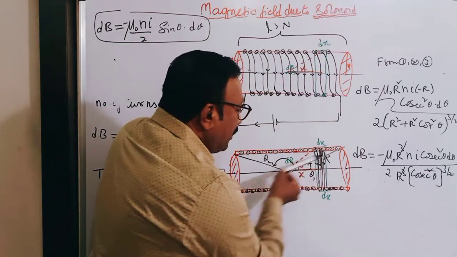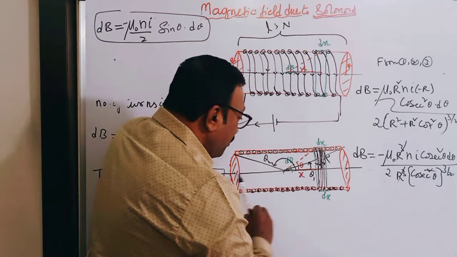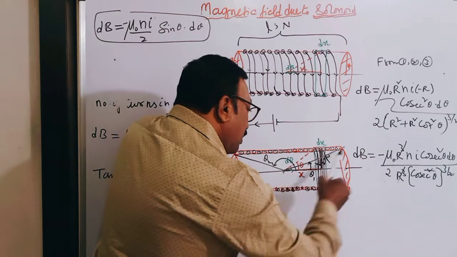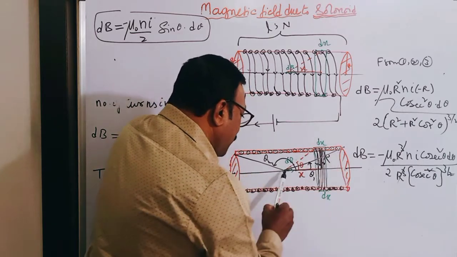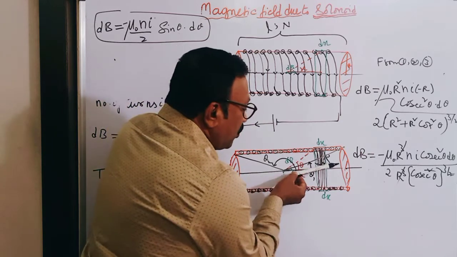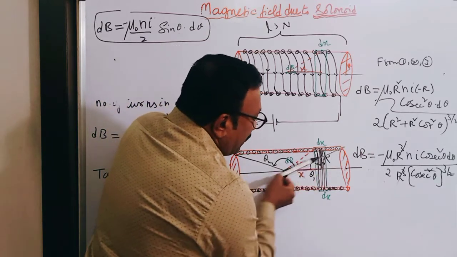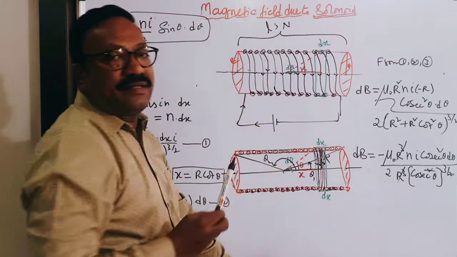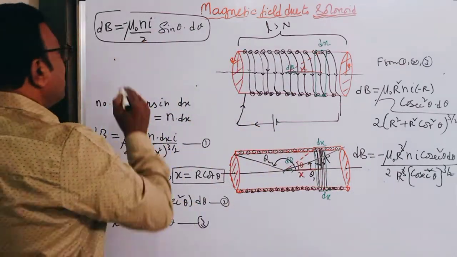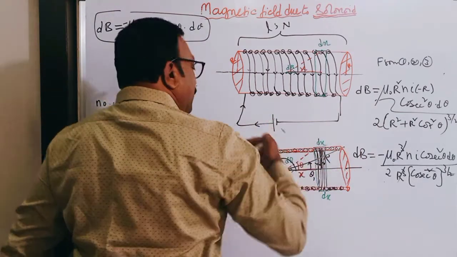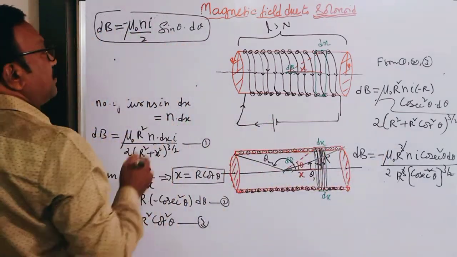Angles are measured from the axis: from the axis the angle is theta 1, and for this end, if you join a line to this end, then the angle again from the axis is theta 2. So from this end to this end, all the terms are considered. So the limits of integration will be theta 1 to theta 2.